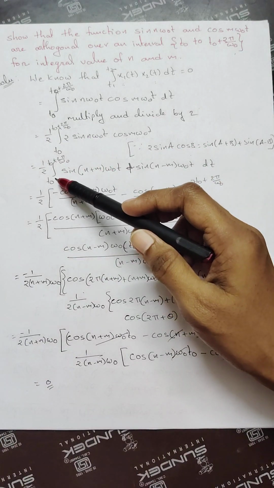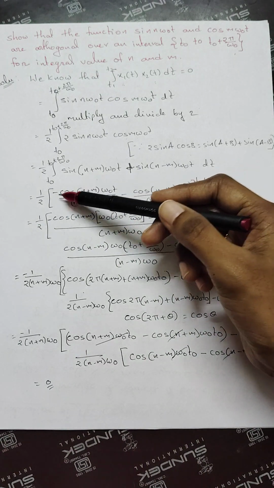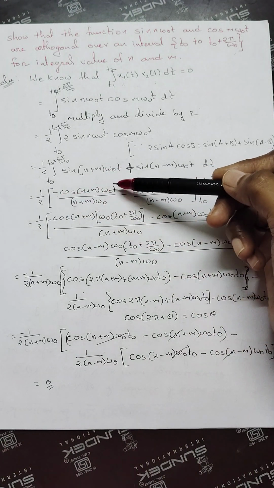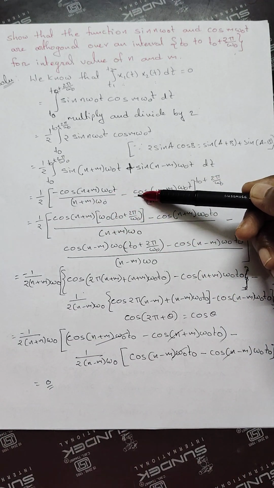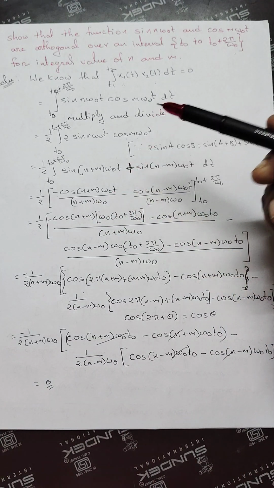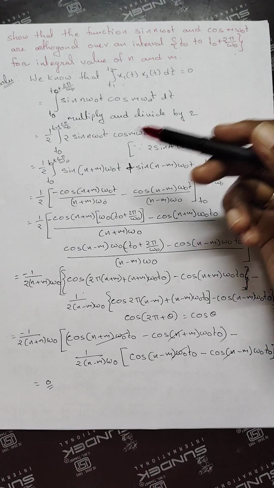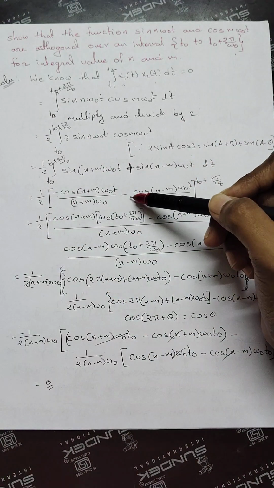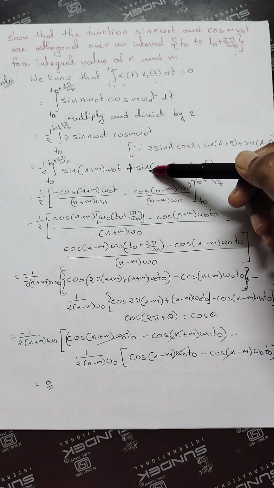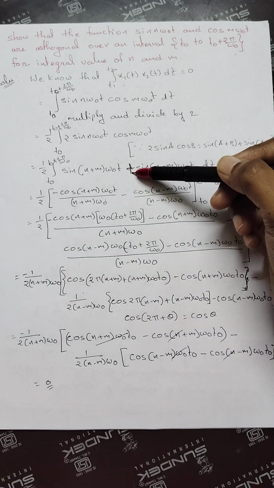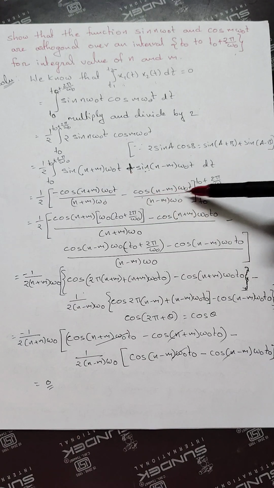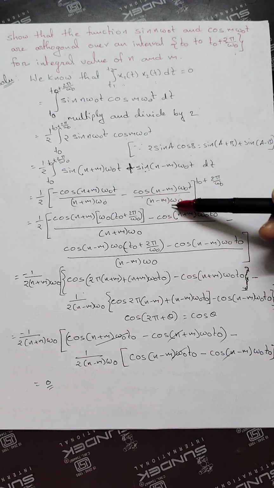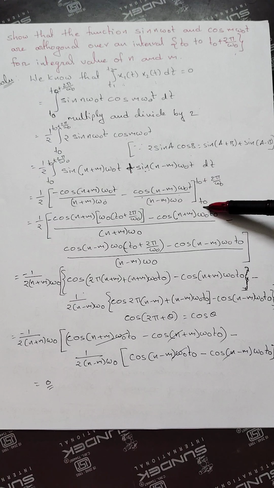Now integrate this. The integration of sine is minus cos. So we get minus cos((n plus m) omega naught t) divided by (n plus m) omega naught, plus, integrating the second sine again, minus cos((n minus m) omega naught t) divided by (n minus m) omega naught, with limits t naught to t naught plus 2 pi by omega naught.